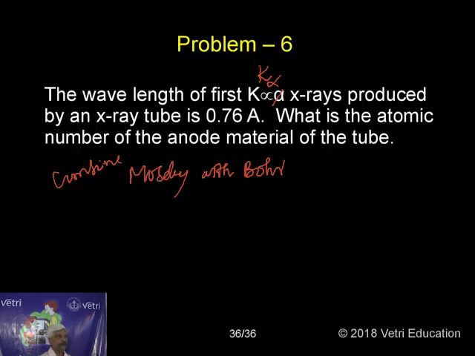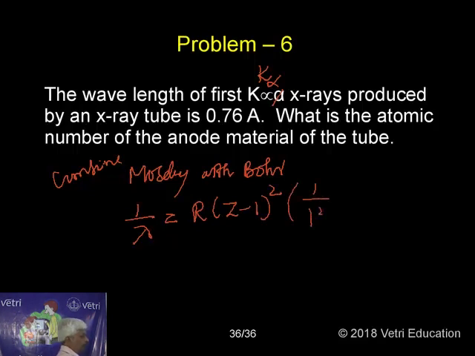The frequency nu is equal to b into Z minus a, the whole square. From Bohr's theory, the wavenumber, that is 1 by lambda, nu bar, is R into Z minus 1 the whole square into 1 by 1 square minus 1 by 2 square.